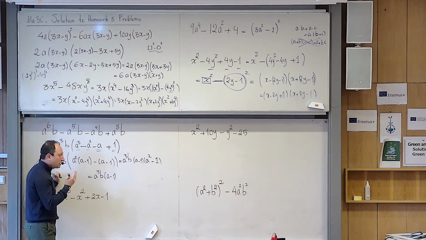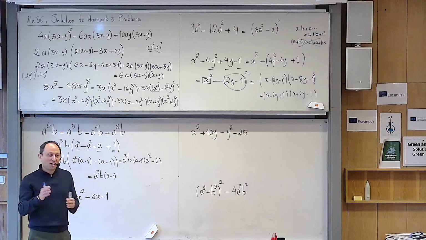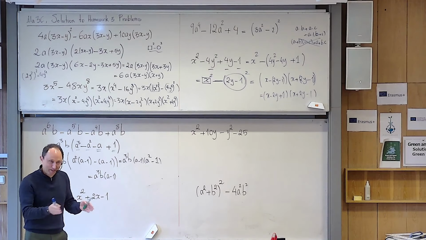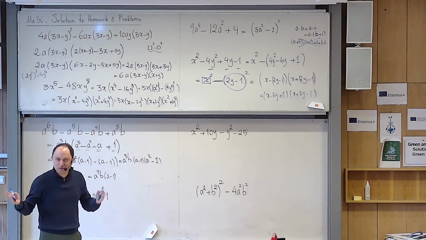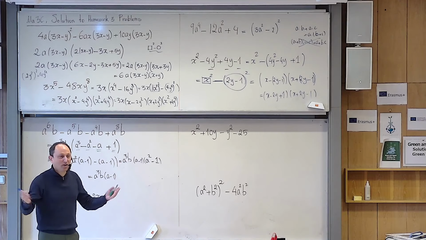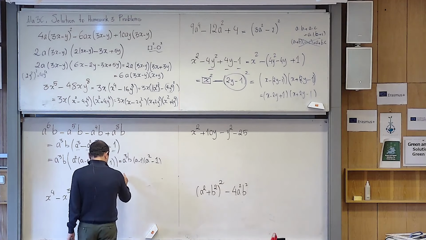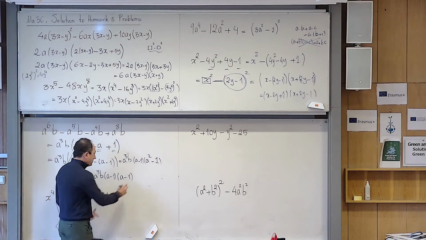No, what should I write instead of a squared minus 1? Do you know what I'm doing? I'm factorizing. Okay, so don't ask strange questions. What should I do? Yes? A minus 1, a plus 1. That's it. This is my answer, okay? You are not making philosophy, yes? So a minus 1, a plus 1.